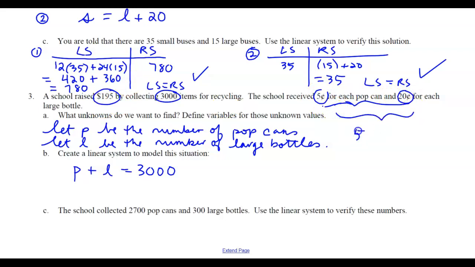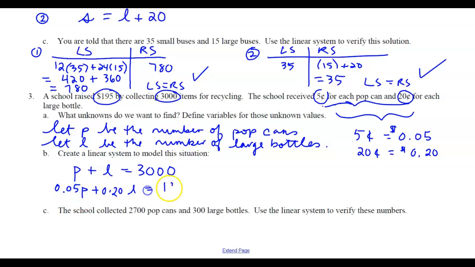So 5 cents is in dollars 0.05. 20 cents is in dollars 0.20. So now we're going to have 0.05P plus 0.20L equals 195.